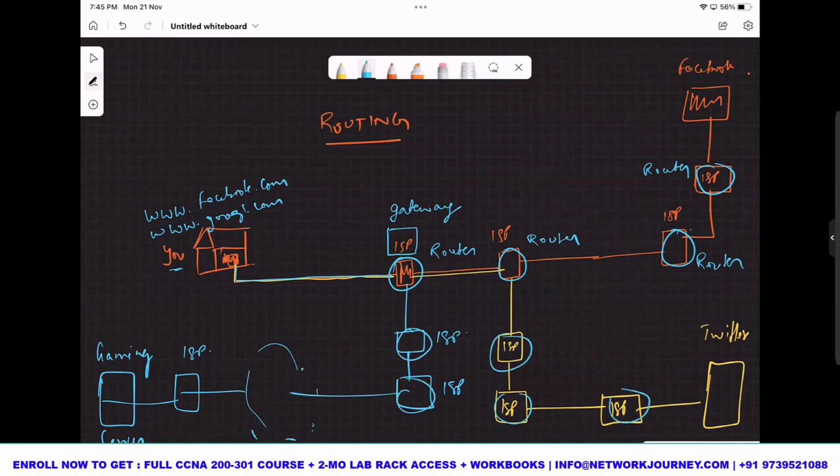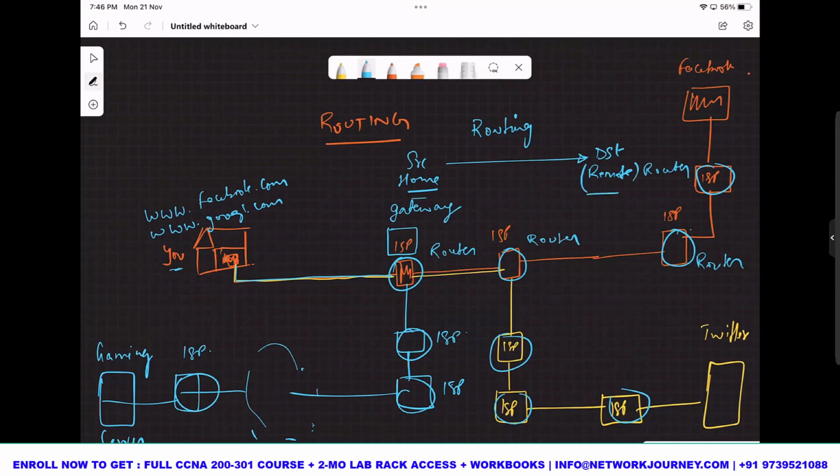So basically the router should know how to reach the destination, or the router will do the concept of routing the packet from source to destination. From source to destination, your packets are getting routed. So this could be your home location, and this could be any remote location, wherever the destination you are trying to hit.